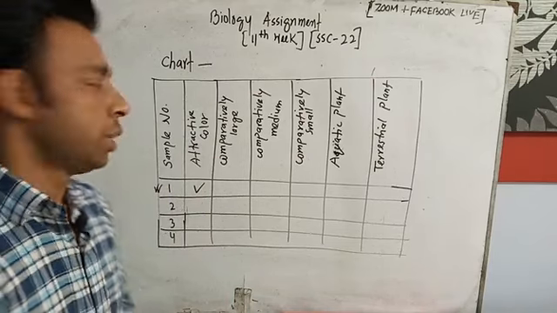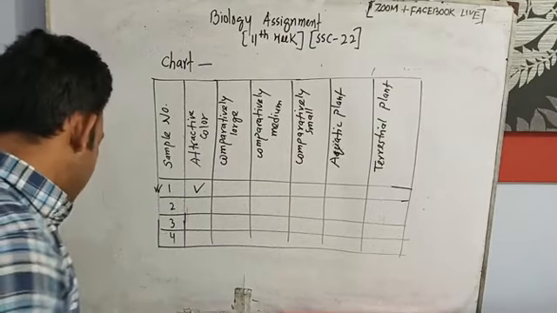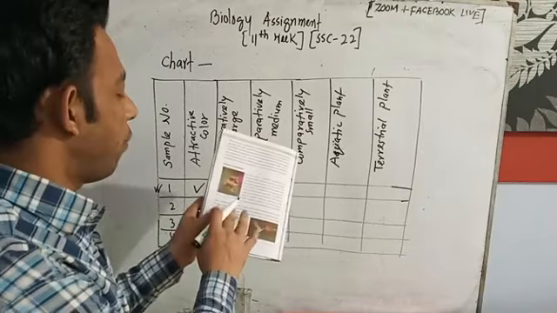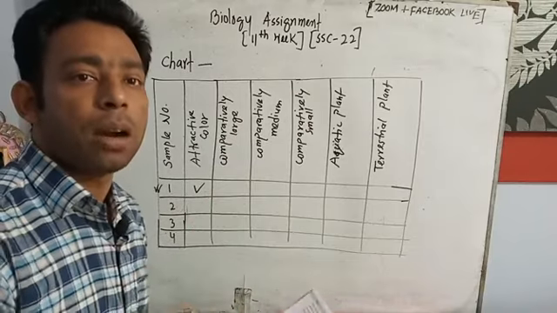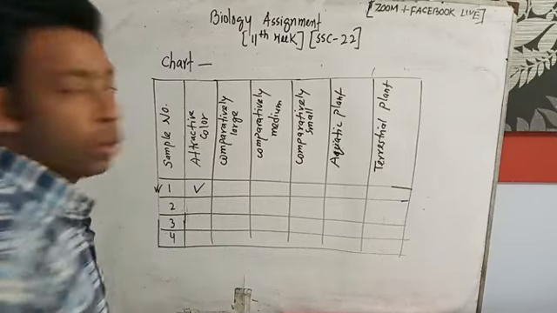Comparatively large or medium or small, which one is belonging there? Look at here. Since it is an insect pollinated flower, in your book given on page 234, the flowers are big. Flowers are big is mentioned there.